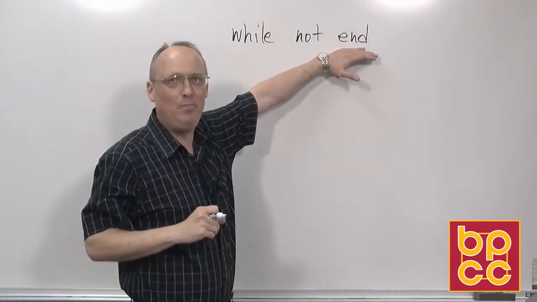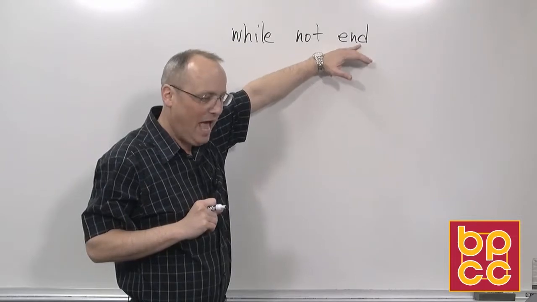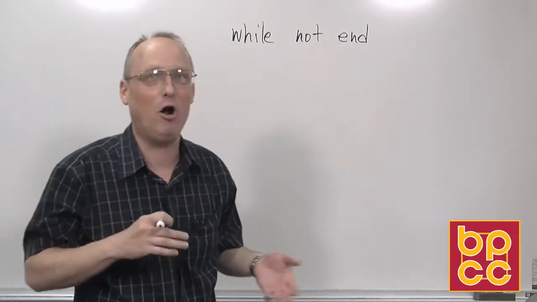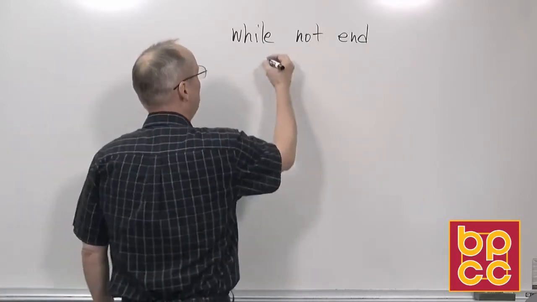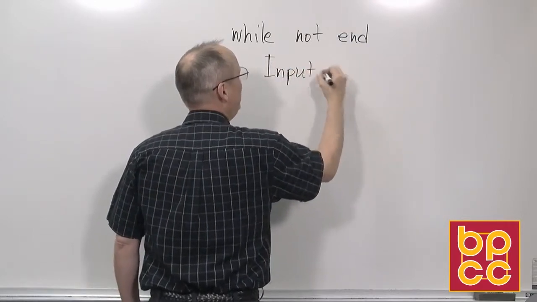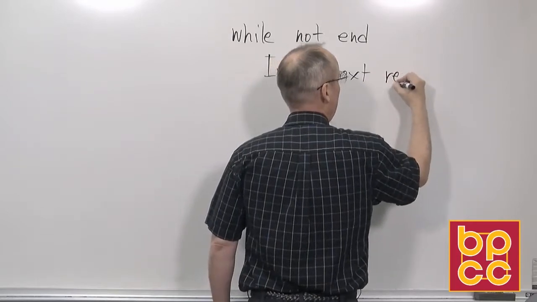This end will be a Boolean value that can either be true or false. It will start out with the end value being false, meaning that you are not going to end the program. And then right here, we'll perform an operation to input next record.